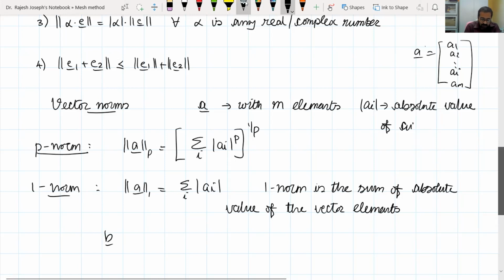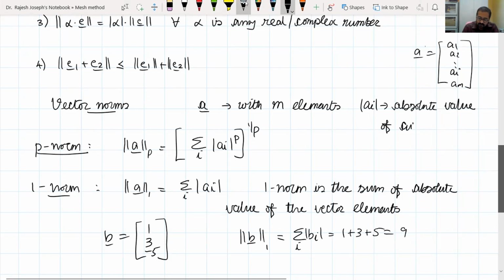Suppose you have a vector B bar, where B bar is 1, 3, minus 5. Find the one norm. How will you find it? You take the absolute value of each component and take the sum. So you will get 1 plus 3 plus 5, which is nothing but 9.